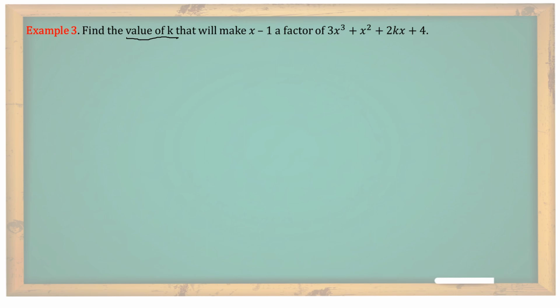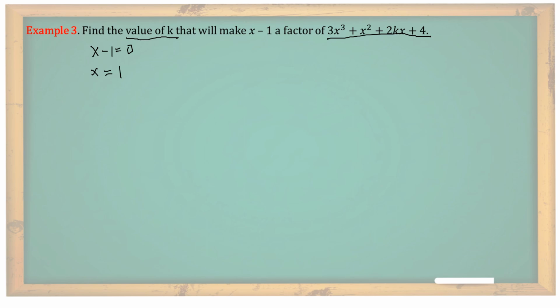So, identify first yung ating x, which is yung x minus 1 equate to 0, so that will become x equals 1. Okay? X equals 1. Hanapin natin yung value ni k that will make x minus 1 a factor of this 1. Okay, so x minus 1 equals 0, so x is equal to 1.